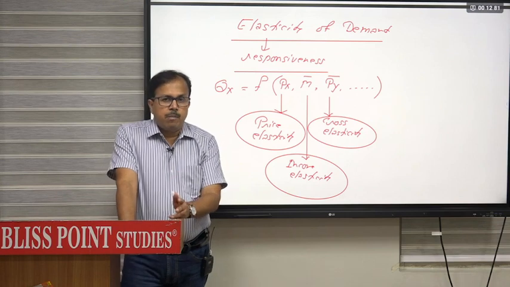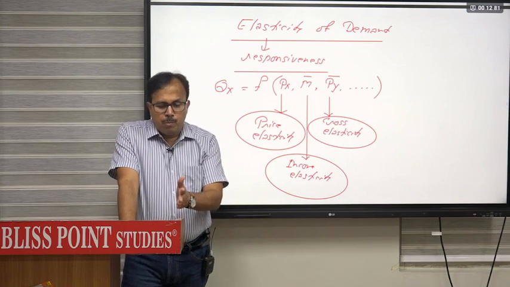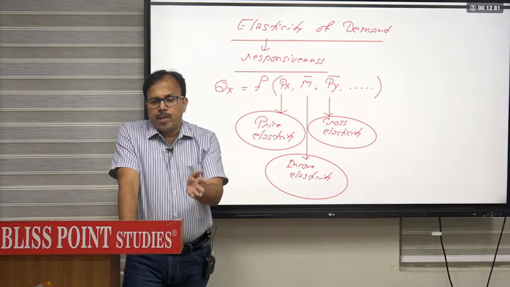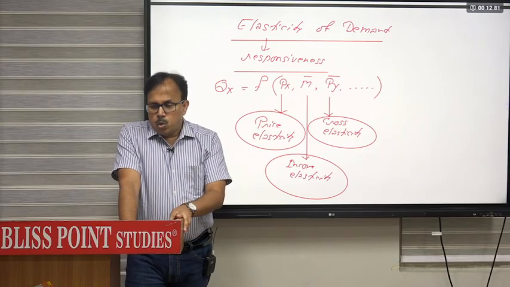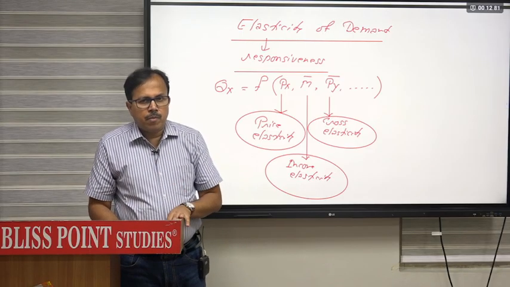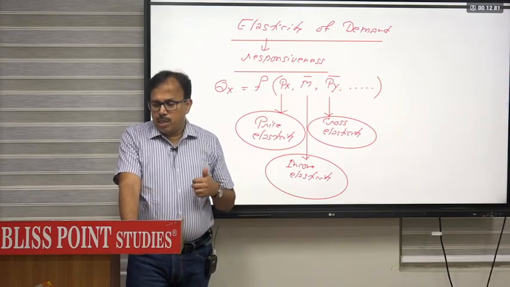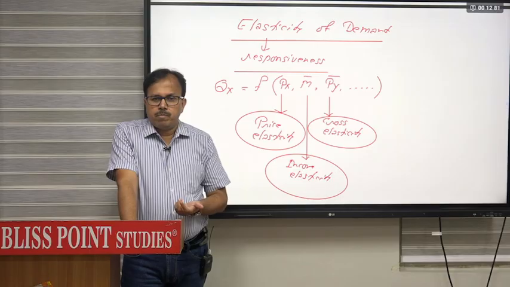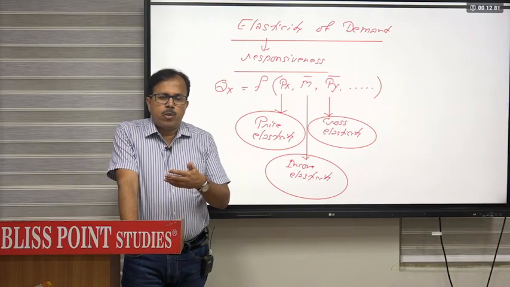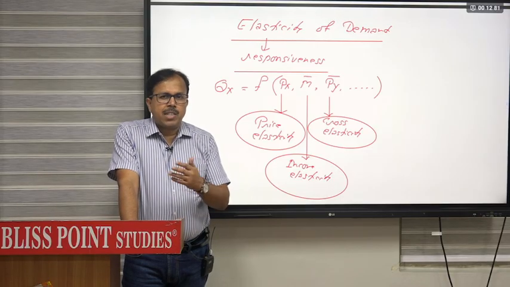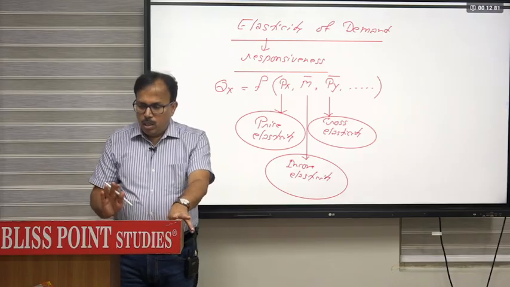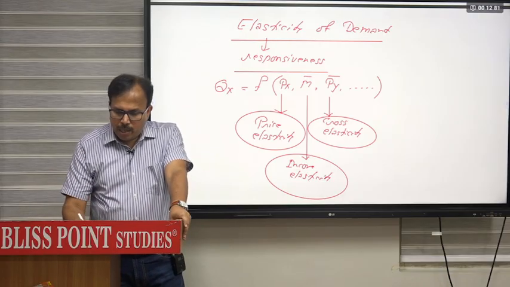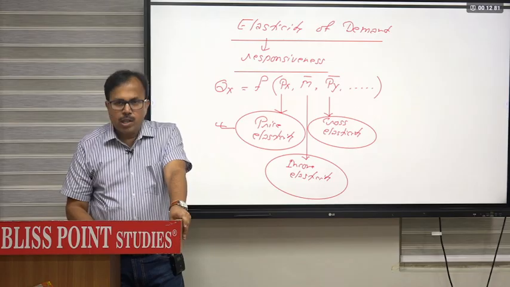Response in quantity demanded of good X due to change in price of good Y, keeping all other factors same. So primarily we are dealing with three types of elasticity. One is price elasticity demand, second is income elasticity demand, third is cross price elasticity demand. And similar concept will be followed in the supply part also. That price elasticity supply we have to calculate. But first we start with the concept of price elasticity.